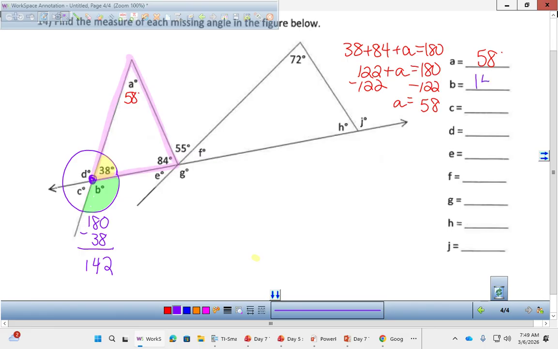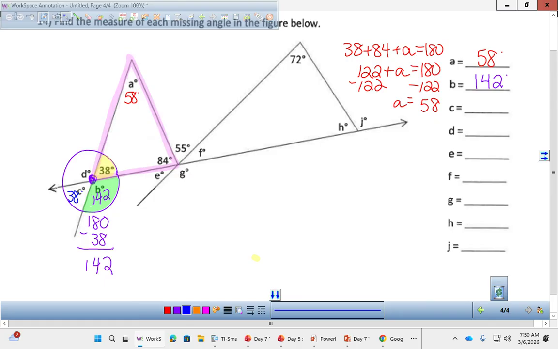Let's kind of stick with our pizza down here. Can you get anything else from knowing that this is 142 or that yellow is 38? Do you see any other relationships there? There are vertical angles, right? So which angle is vertical to angle 38? C. So if this is 38, then we know vertical angles are equal, right?